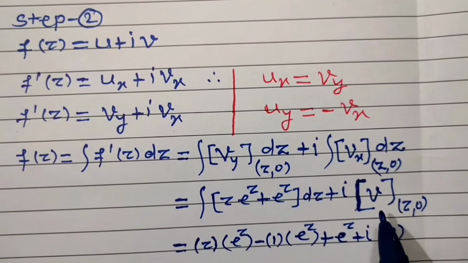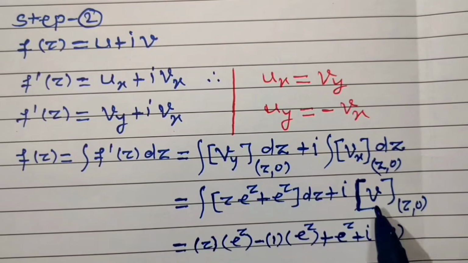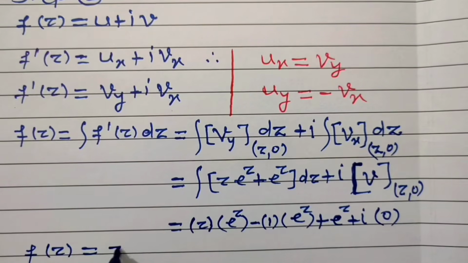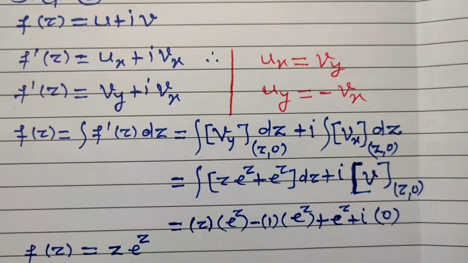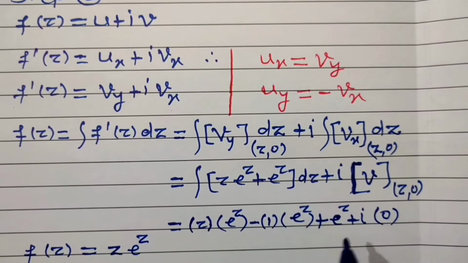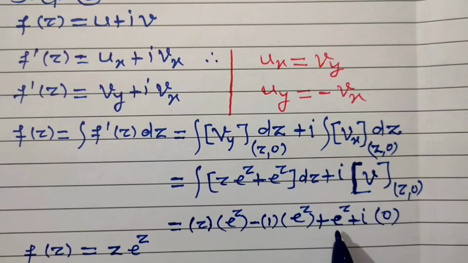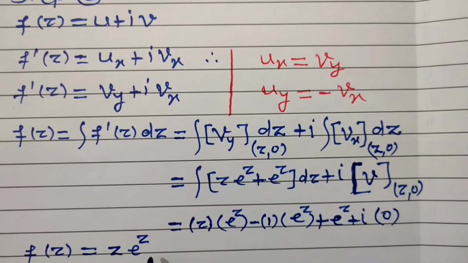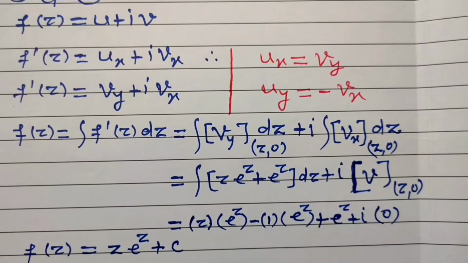In step number 1 we have obtained the value of v at z comma 0. Hence f of z is equal to z into e to the power z minus e to the power z plus e to the power z gets cancelled, plus i into 0, this becomes 0. We can add the integral constant c, and this is the required analytic function f of z.